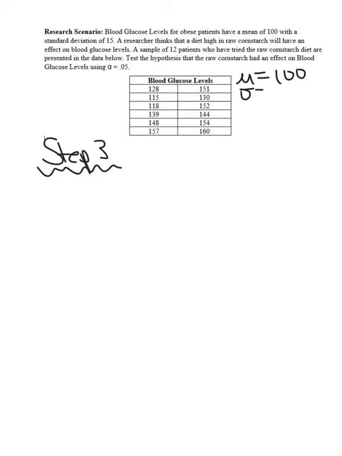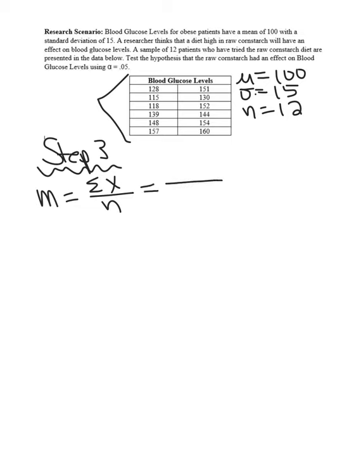Standard deviation was 15. Our sample size is 12. So we're going to calculate the mean for our sample. To calculate our mean, we need the sum of x divided by sample size. Well, we have sample size, right? 12. So we just need to calculate that sum of x.